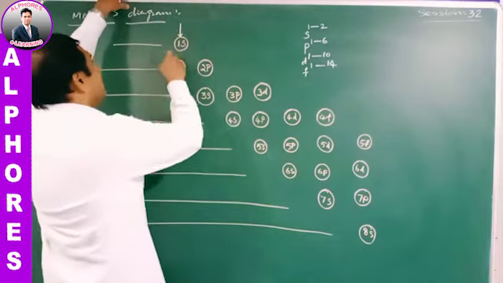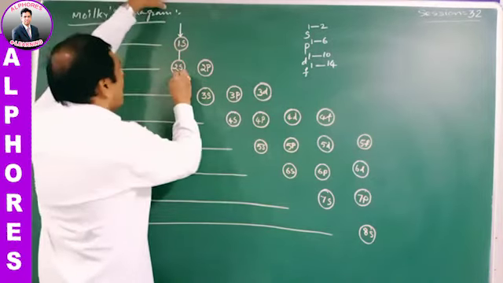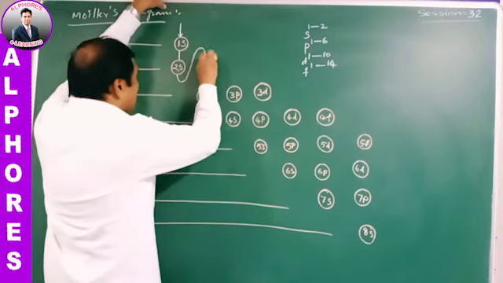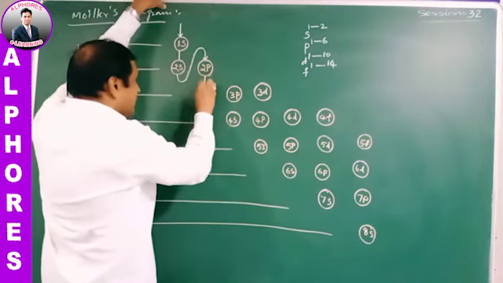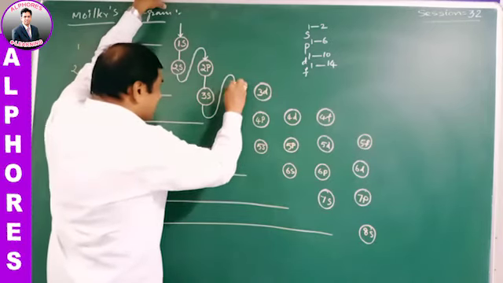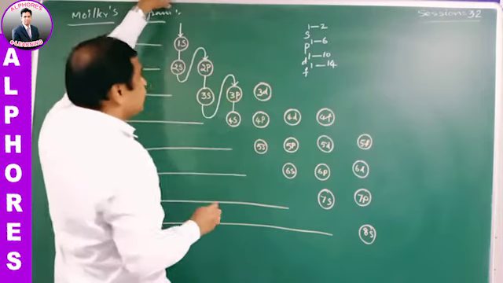After filling the 1s orbital, the next electrons go into the 2s orbital. After 2s, the next electron enters the 2p orbital. Then after 2p, the next electron goes into 3s, then 3p, then the 4s orbital.